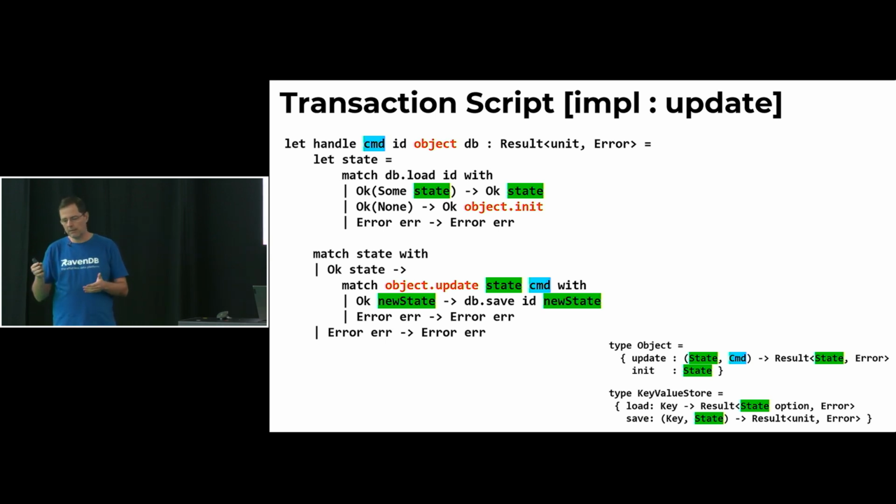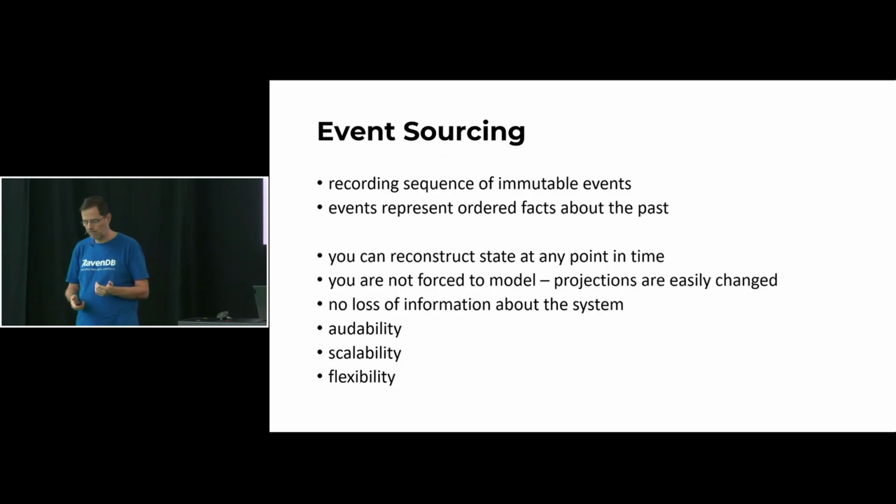And rather simply, even though this is functional programming and may look complicated, it's rather simple. So I will load the state from the database if it exists. If it doesn't exist, I will use the object's init function. Once I have a state, I will try to call my update function, process the state and command, and I will either get a new state, which I will save to the database, or I will get back an error.